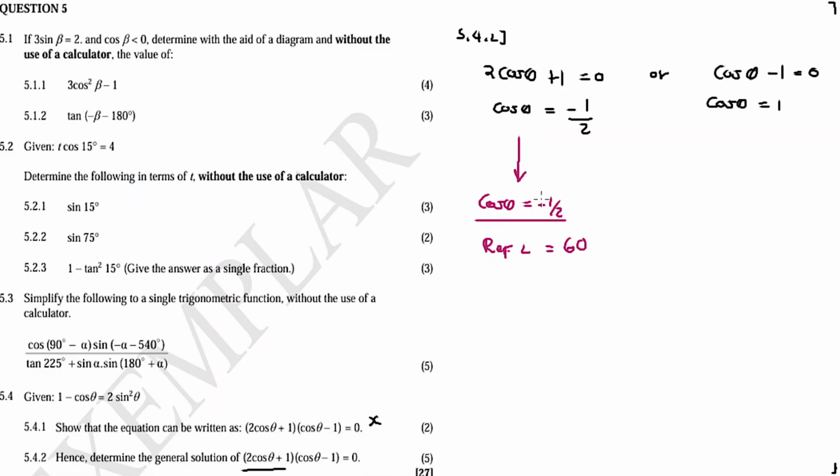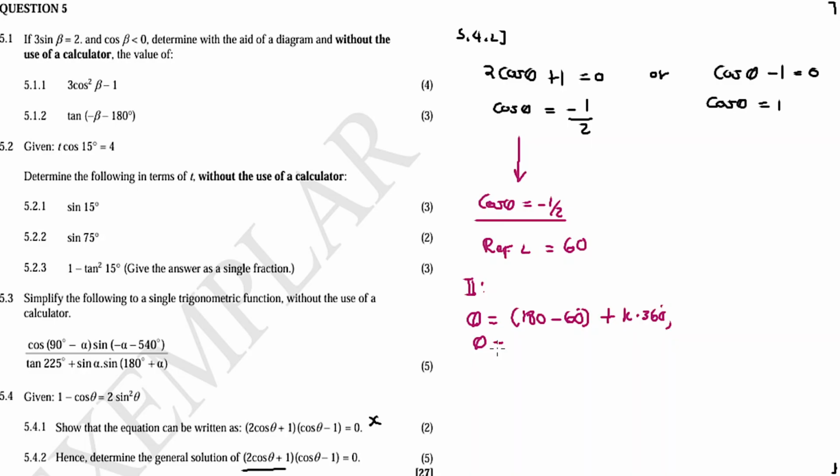Then you ask yourself where cos is negative. It's the second quadrant. Then theta is equal to 180 minus 60 degrees plus k multiplied by 360, the period of the cos graph.